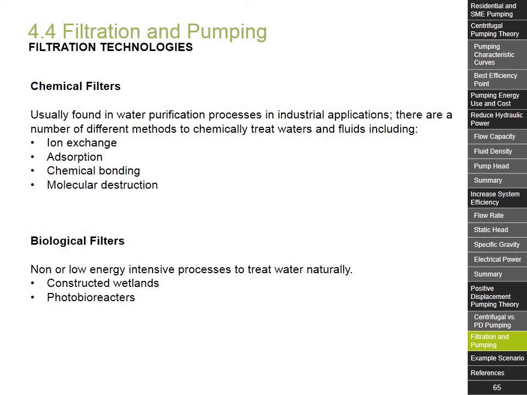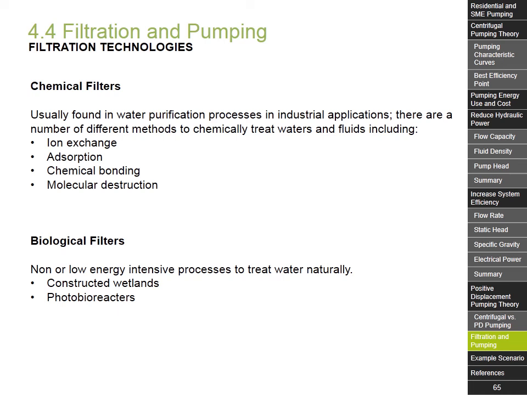Chemical filtration is usually found in water purification processes in industrial applications, though it is sometimes found in specialist medium enterprises. There are a number of different methods to chemically treat water and fluids, including ion exchange, adsorption, chemical bonding, and molecular destruction. There are different media that you can use in the chemical filter, however, this form of water treatment is rare.